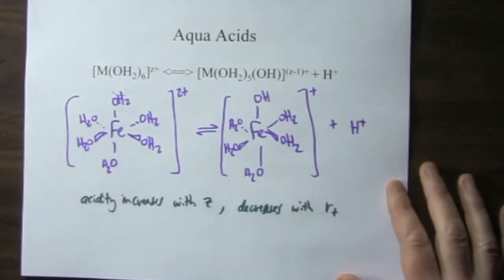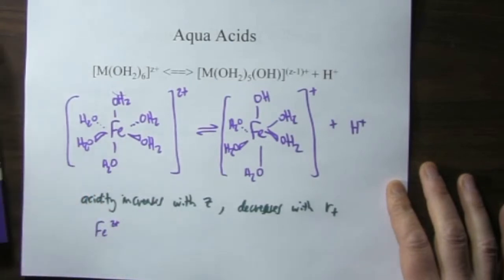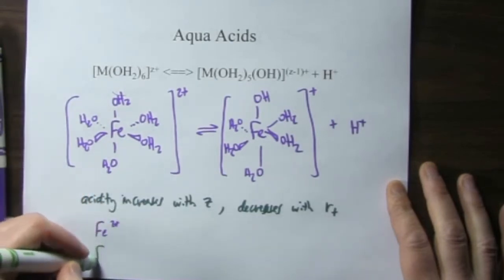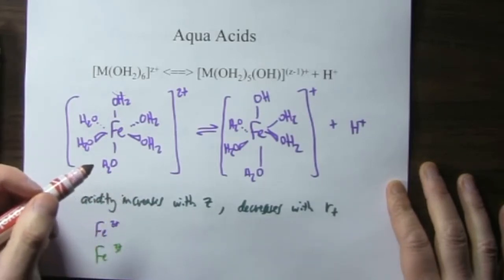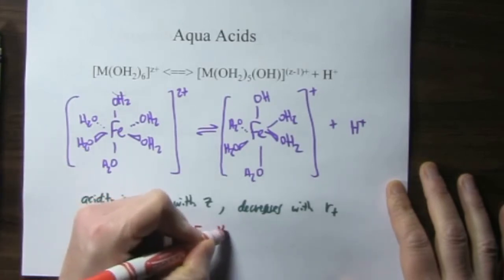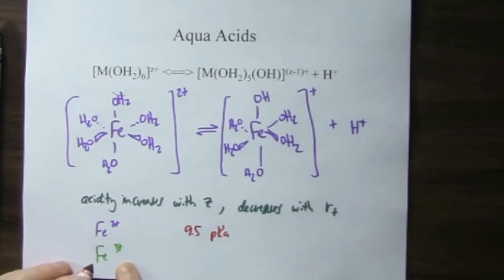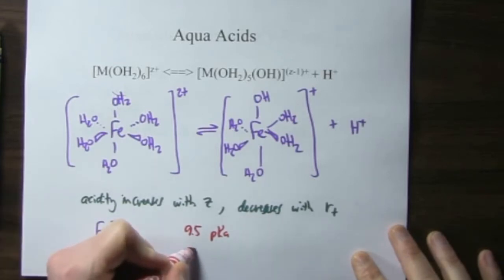For example, the pKa of iron 2+ is about 9.5, and we could compare that with iron 3+. We would expect iron 3+ is going to have more charge, and it's going to be slightly smaller, a more compact ion, so that both factors should increase the acidity. The pKa of iron 3+ is around 3.